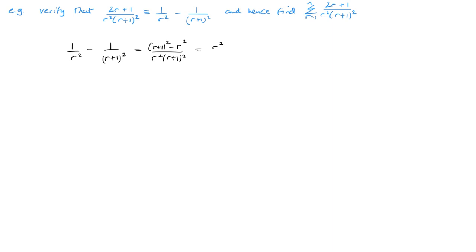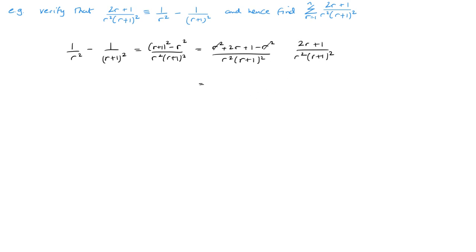That is r squared plus 2r plus 1 minus r squared on the top, and r squared, r plus 1 squared on the bottom. The r squareds cancel, leaving me 2r plus 1 over r squared, r plus 1 squared, which is what we required.